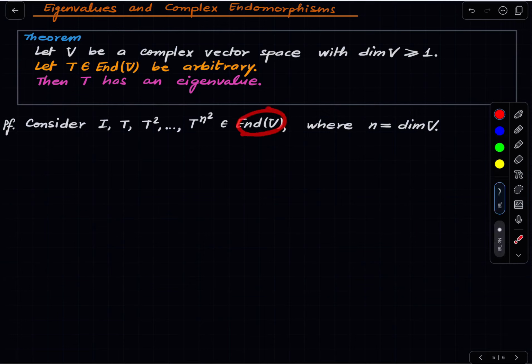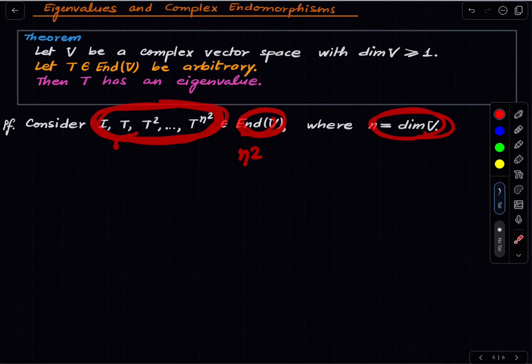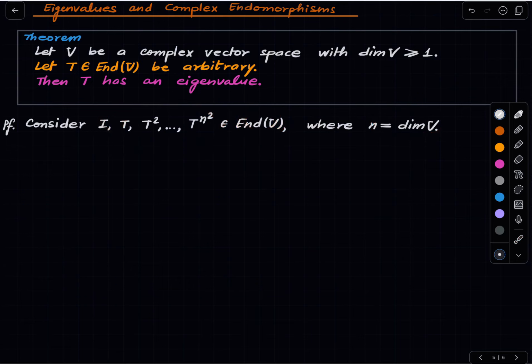The dimension of this vector space is n squared because the dimension of V is n, and we have considered more than that. This is n squared plus 1. So these are linearly dependent in this vector space, and therefore we can find scalars such that the corresponding linear combination vanishes.